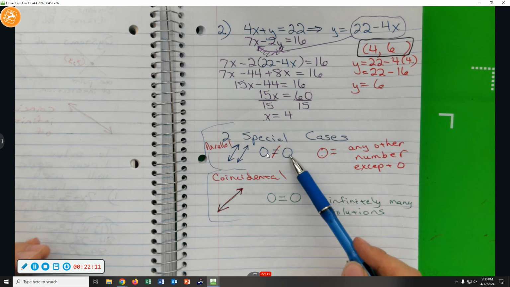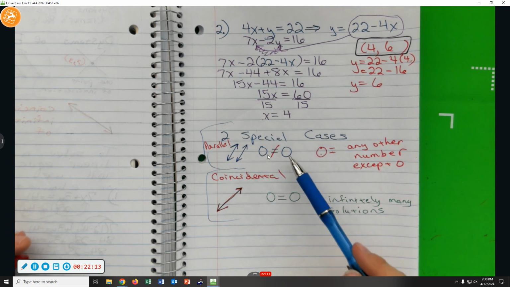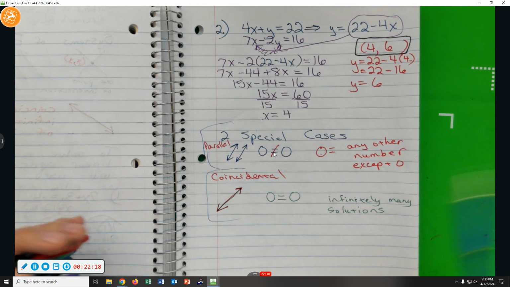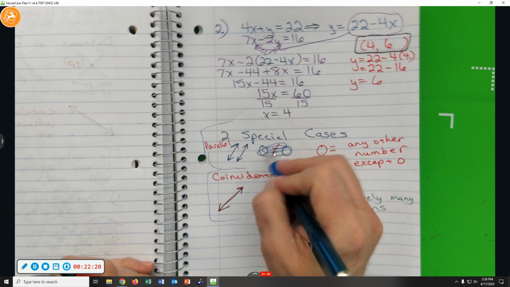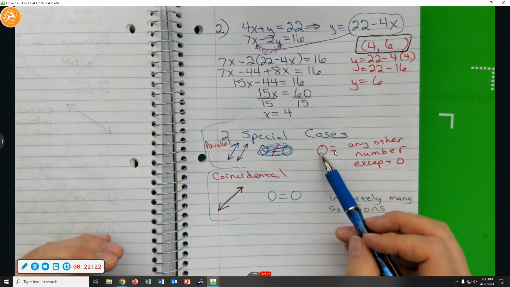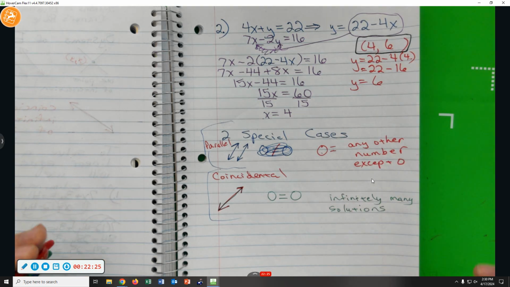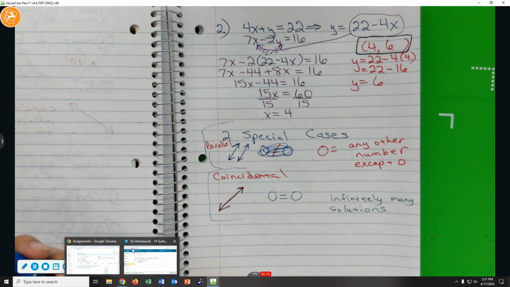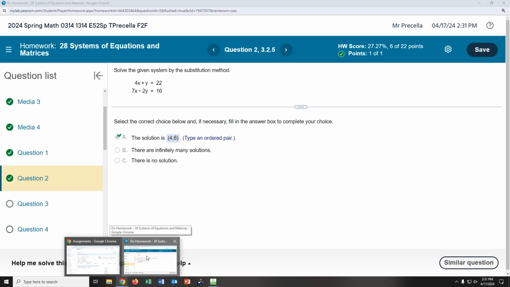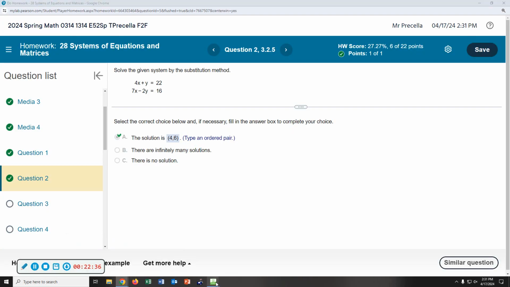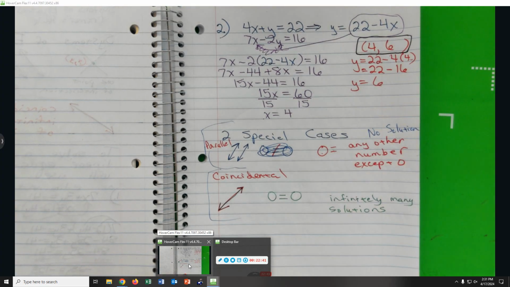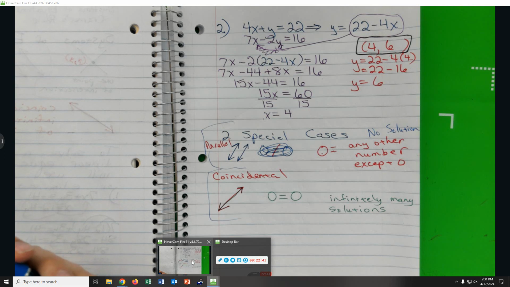If it's not 0, you have 0 on one side, but not a 0 on the other side, something that's not equal to 0, then I like the way I wrote it here: 0 equals any number except 0. That's when you're looking at parallel lines with no solution. Any other questions? Number 3.